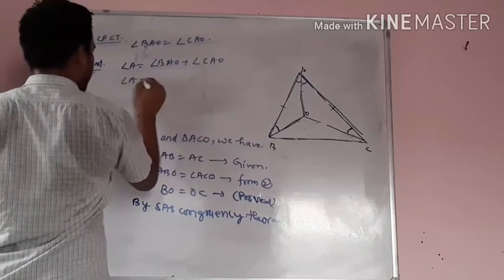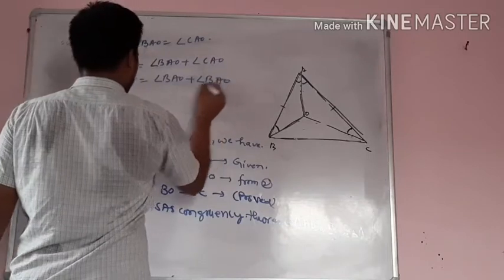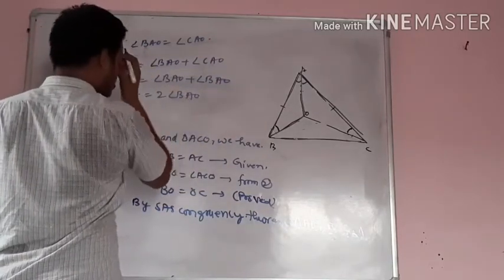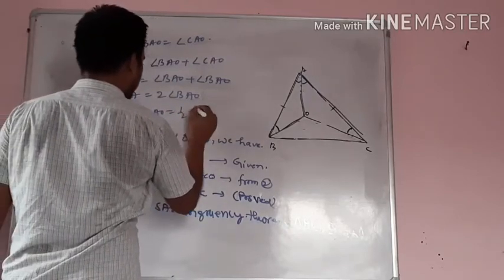So angle A can be written as angle BAO plus angle BAO. So angle A is twice angle BAO. So angle BAO is equal to half of angle A.